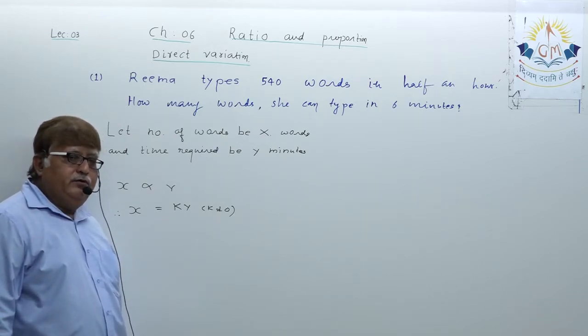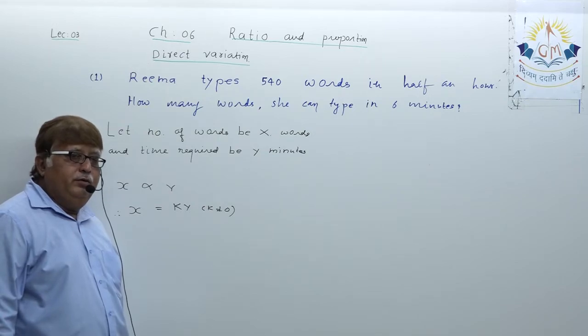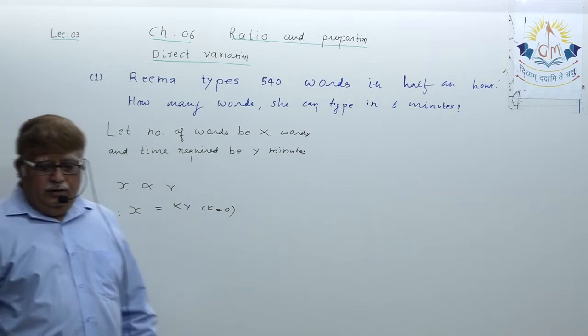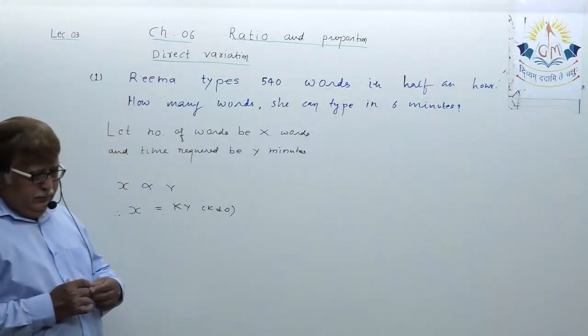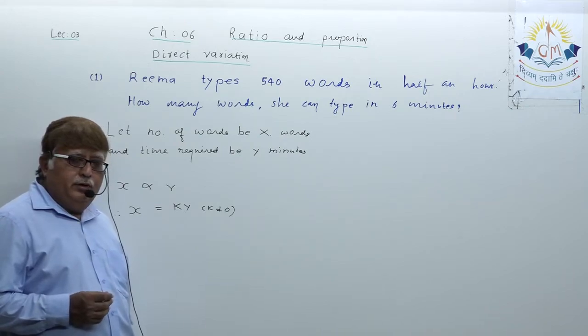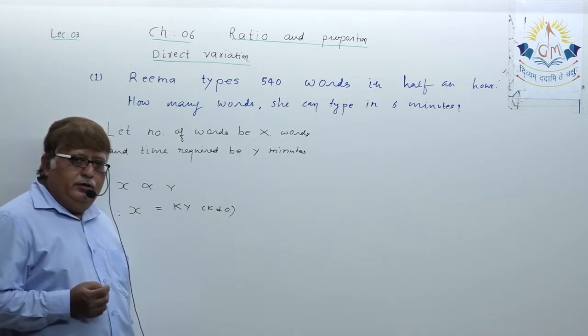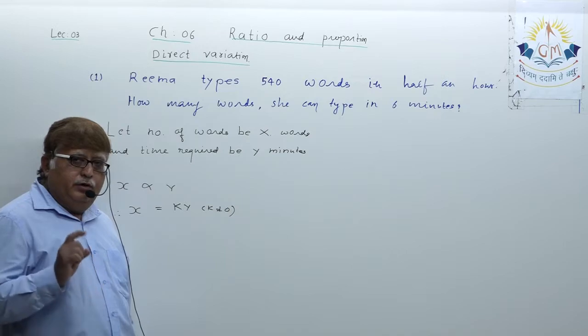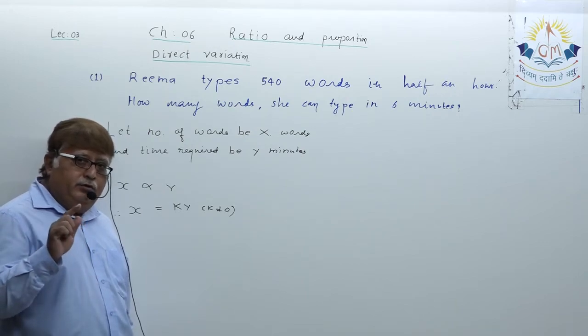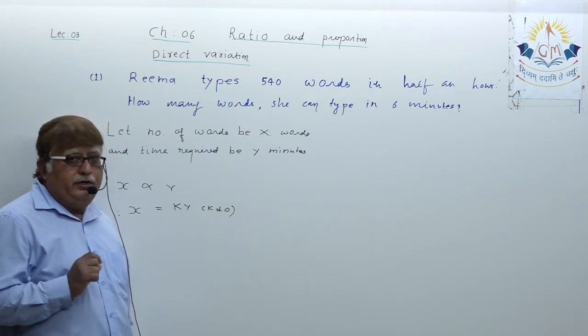As I told you in the second lecture, in an exam or test, nobody is going to ask you whether it is an example of direct variation or inverse variation. You yourself have to decide.